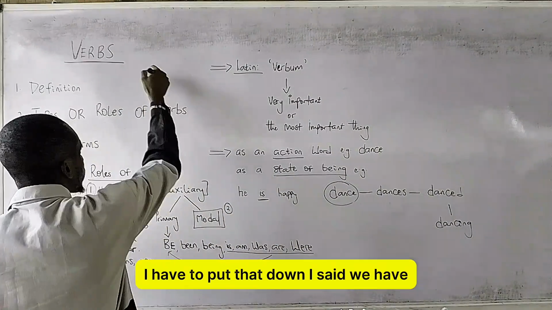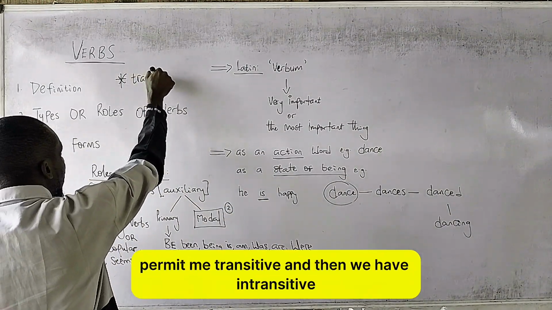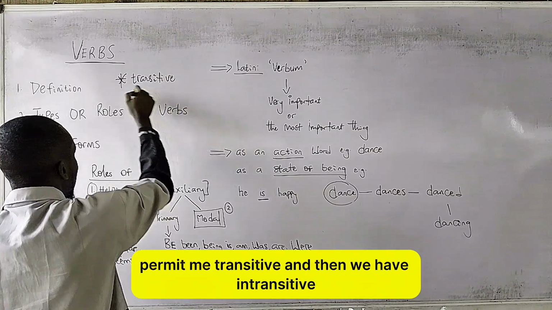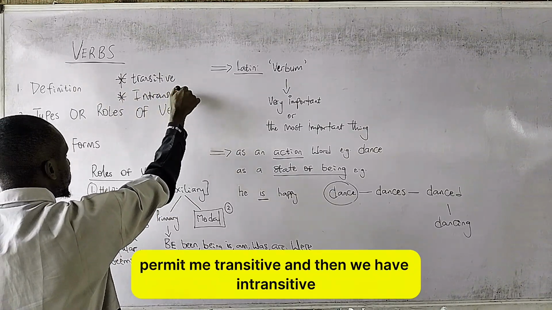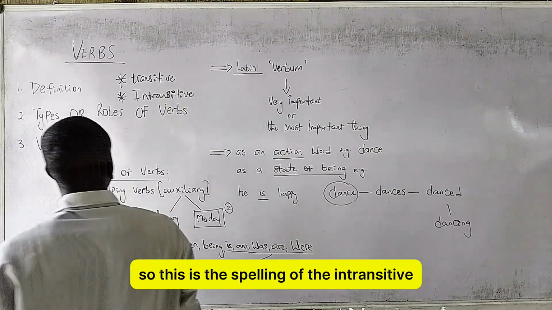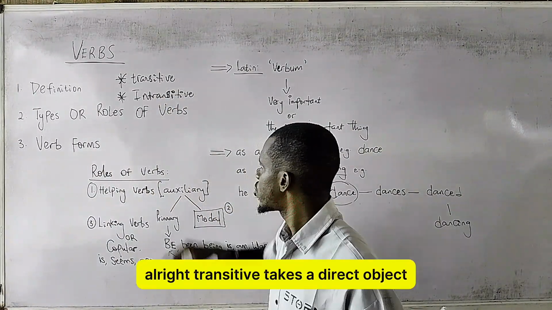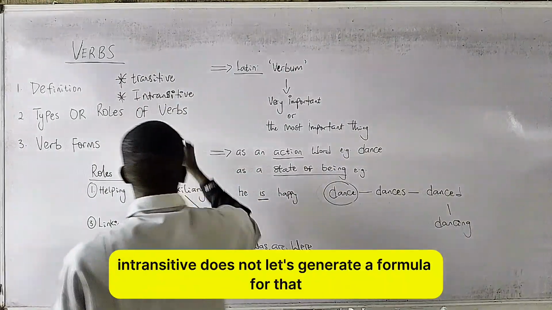I have to put that down. I said we have, permit me, transitive, and then we have intransitive. So this is the spelling of intransitive. Transitive takes a direct object. Intransitive does not.